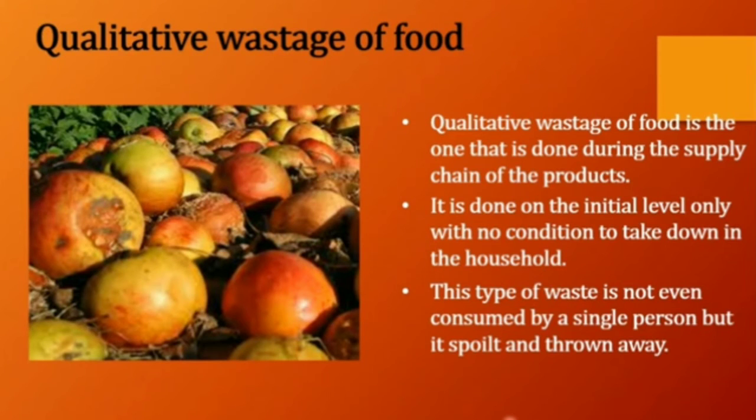It is done on the initial level only, with no condition to take down in the household. This type of waste is not even consumed by a single person, but it is spoiled and thrown away.